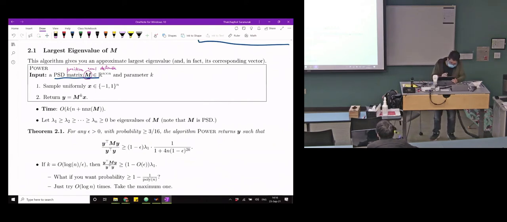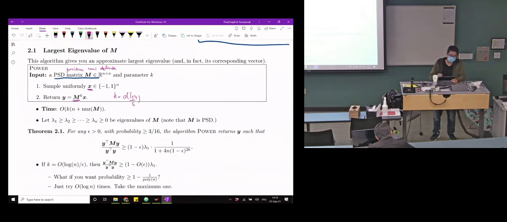Well, there is a super simple algorithm to do that. You choose a random vector x, where each coordinate is 1 or minus 1 randomly. Then you compute x times M to the k. Think of k as like log n over epsilon. How to compute this fast?